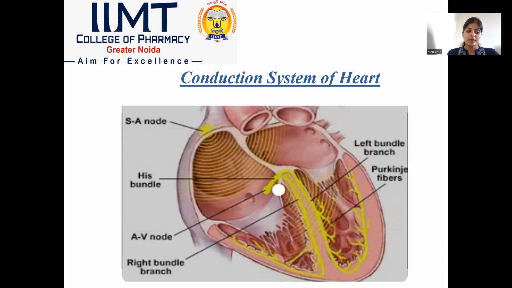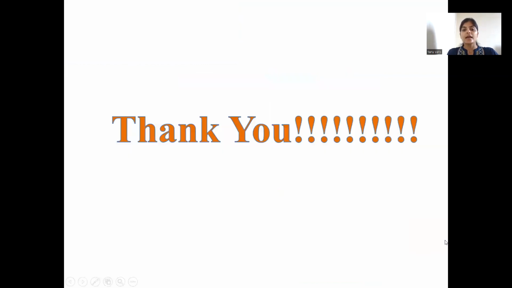The bundle of His passes through the interventricular septum. Later, it divides into branches called Purkinje fibers. The right and left branches of this fiber supply the two ventricles. So here we have completed our conduction system of the heart, and thank you.